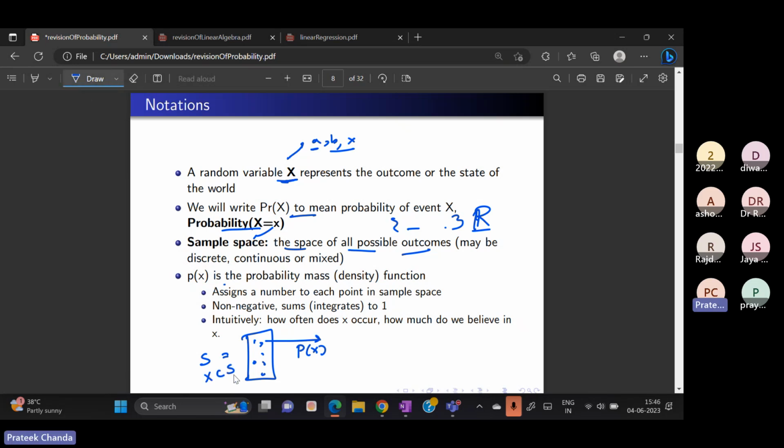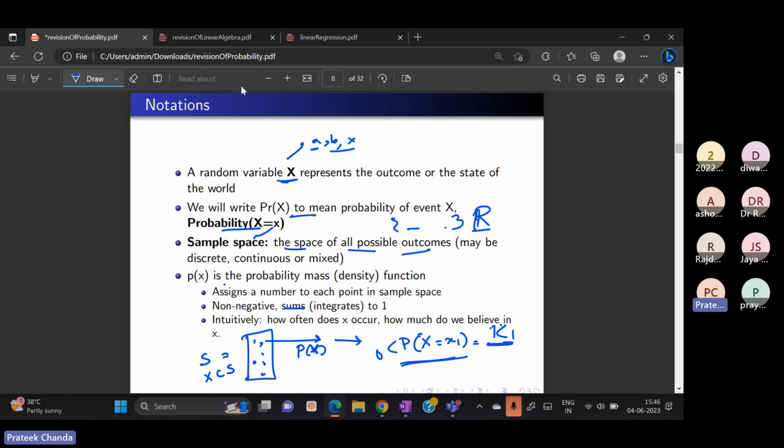And p of x equal to some value x1 is some value in R, obviously between 0 and 1. You can think of it as a function, and obviously it sums to 1, which is the basic structure of probability.